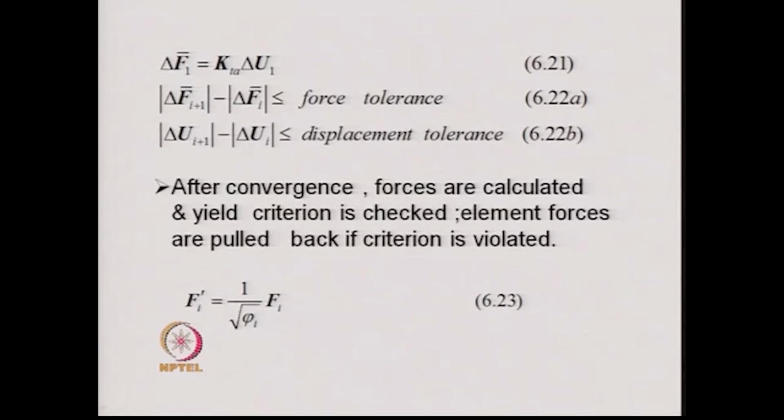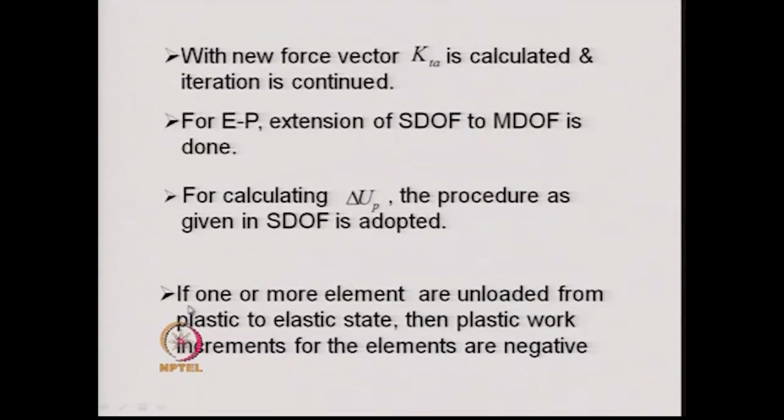Whenever it is greater than 1, it is not admissible. Therefore, we divide the force by root over phi I to get a revised value of the force. Now, with the new force vector, again kTA is calculated and the iteration is continued.